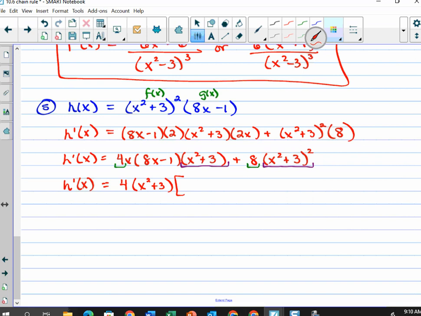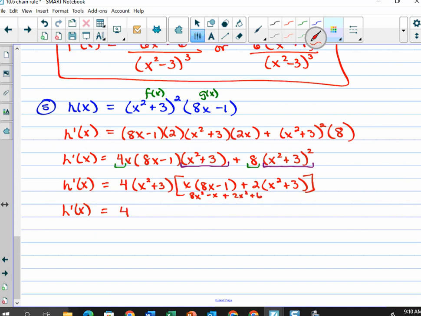Left over from the first part, I have an x and an 8x minus 1. Plus, do you see how I'd have a 2 and an x squared plus 3? We're going to simplify that. I'm going to squeeze it in here because I don't want a whole new step. So that's 8x squared minus x plus 2x squared plus 6, right?